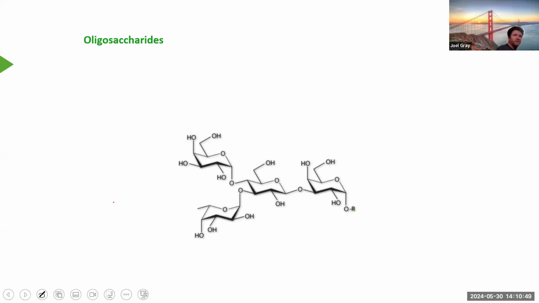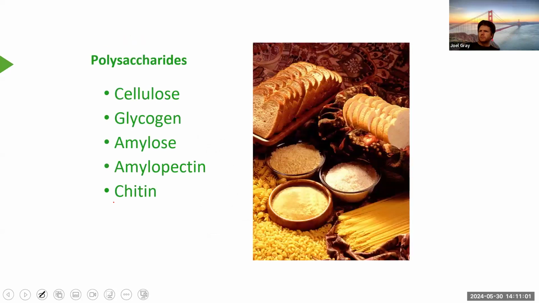Now here what we have is a depiction of a fairly complicated oligosaccharide, where we have multiple subunits that make up a single molecule. Now, our polysaccharides, cellulose, glycogen, amylose, amylopectin, those four are primarily based on glucose.